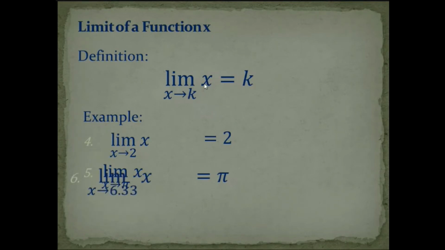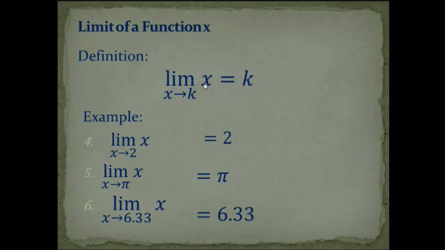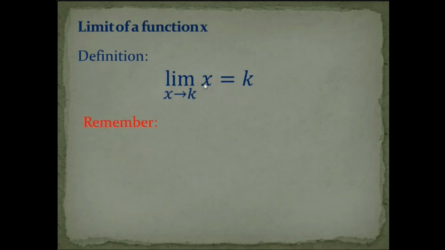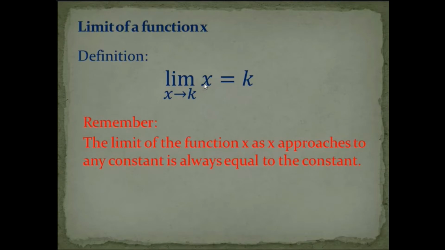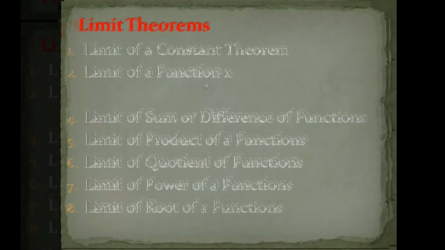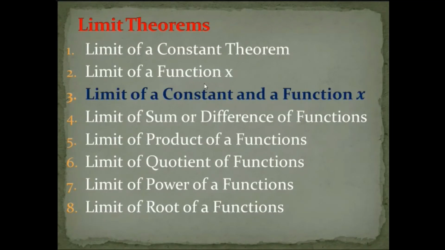What is the limit of x as x approaches 6.33? It's 6.33. Okay, that's second theorem. Remember that the limit of a function x as x approaches any constant is always equal to the constant.